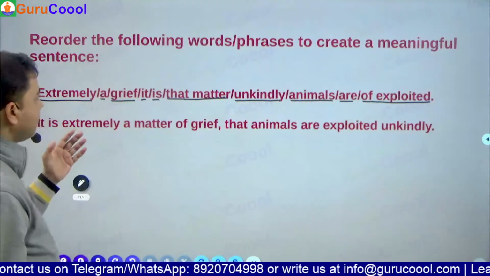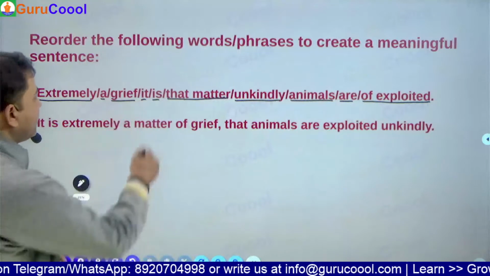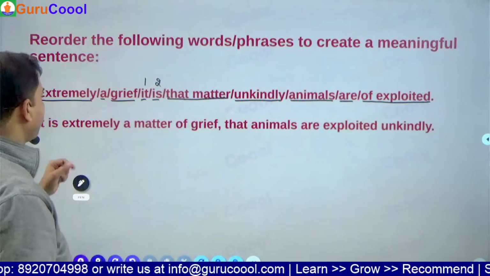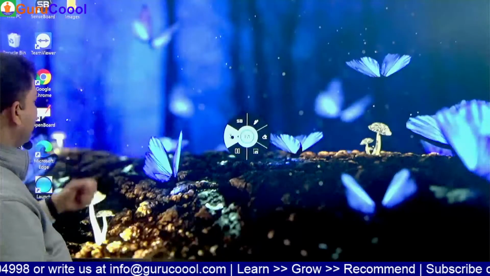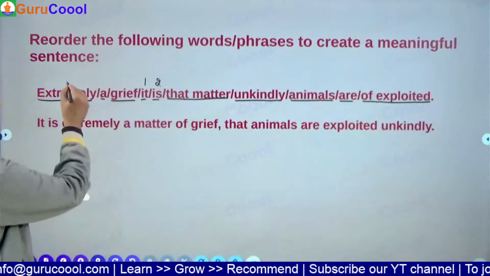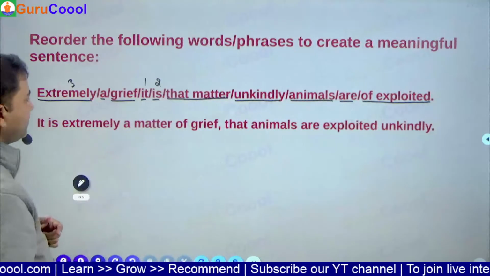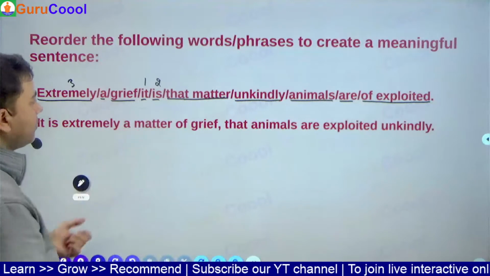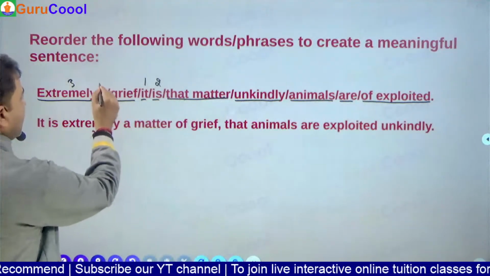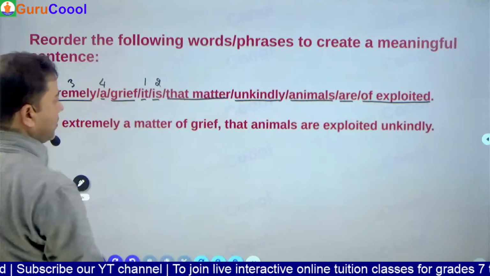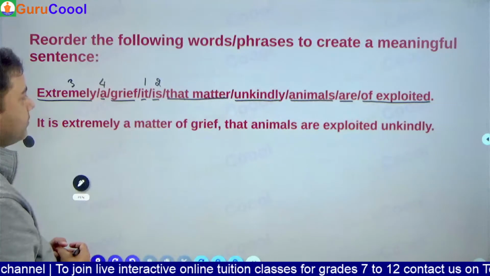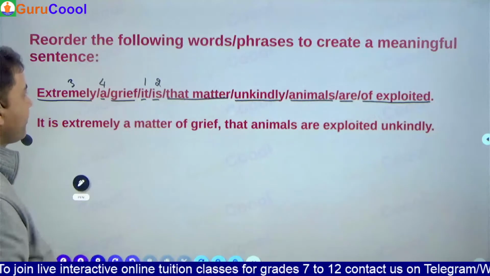So you can see the very first word is number 1, then is number 2, extremely. Number 3, this came at the third position: a matter of grief. What is the meaning of grief? Sadness, dukh.